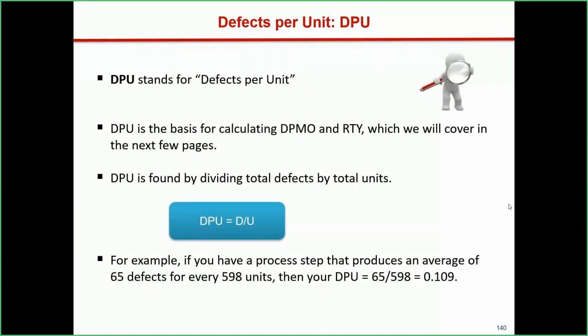But before we move to defects per unit, there is something smaller than defects per unit. So, can anyone tell me what you understand by defect and defective? Anyone? When I say a defect and when I say defective, what is the difference between both of them?